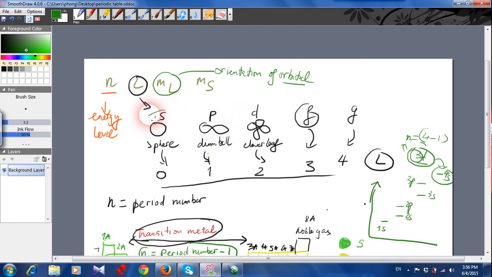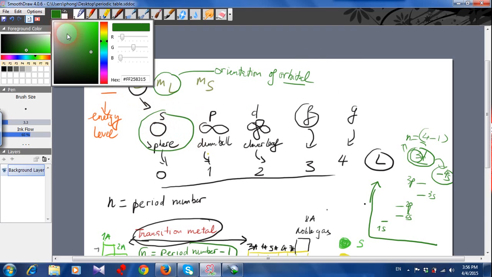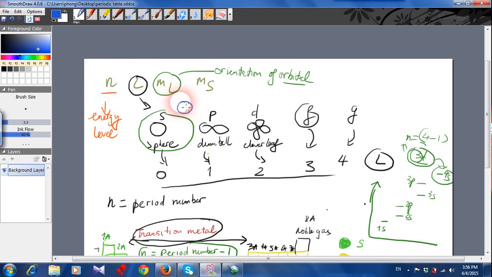With a sphere orbital here, we don't know exactly the orientation of a sphere, so ML is 0 with a sphere orbital. L is equal to 0. It means we talk about the s orbital.